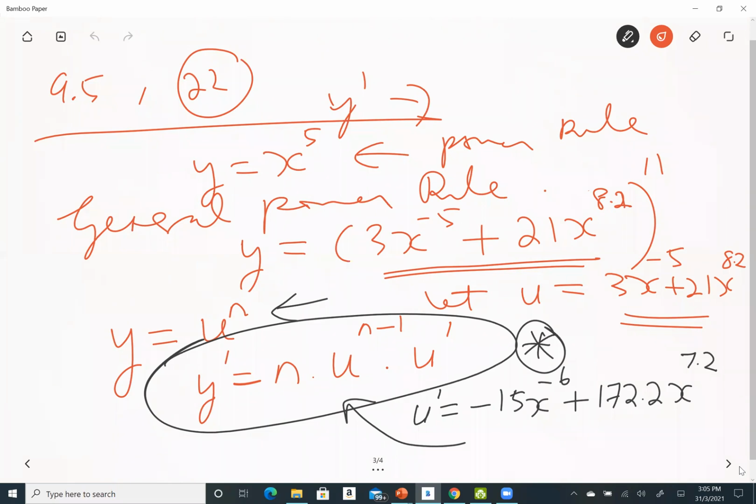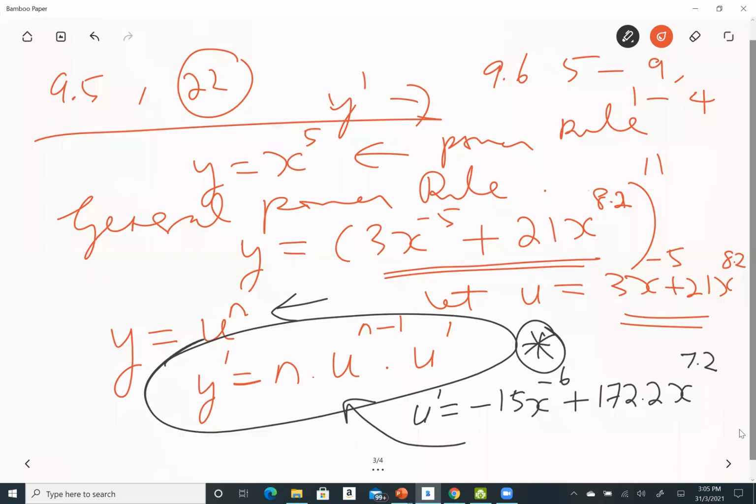So in 9.6, I would like you to do question number 5 up to number 9, and then 1 to 4. So 1 to 4 is the chain rule.